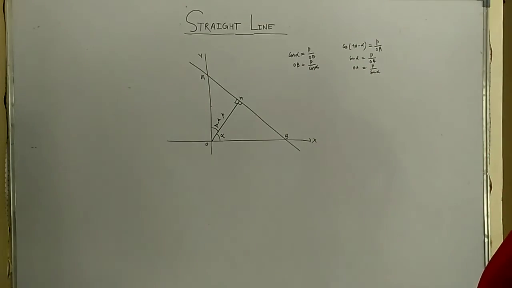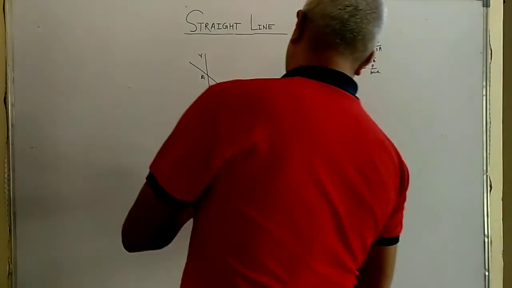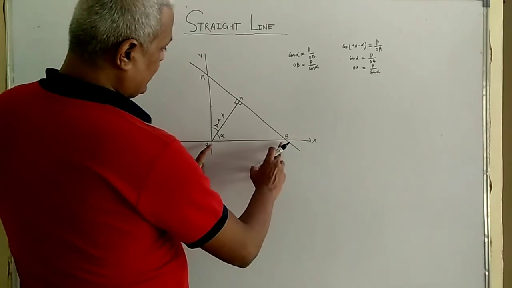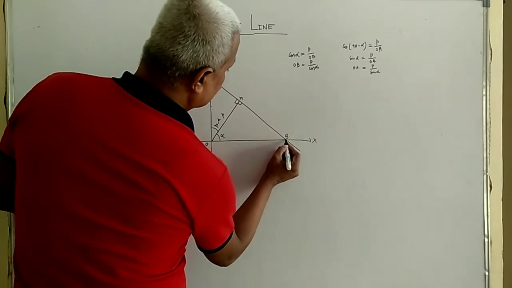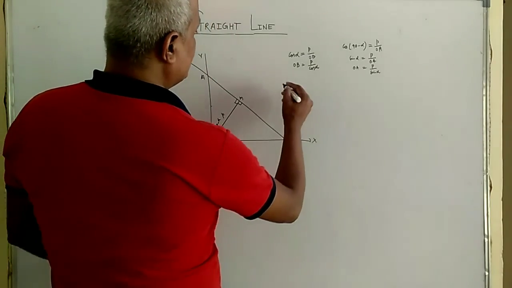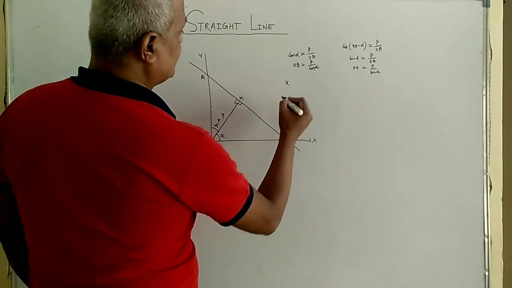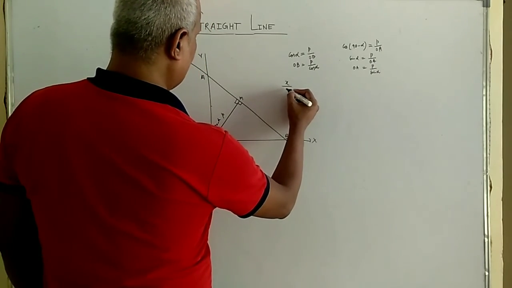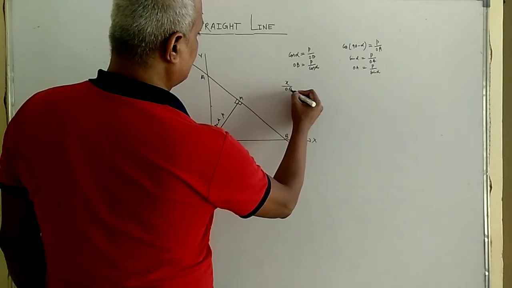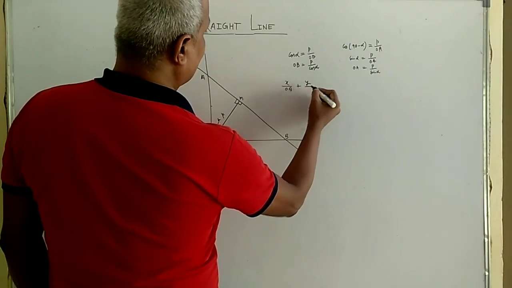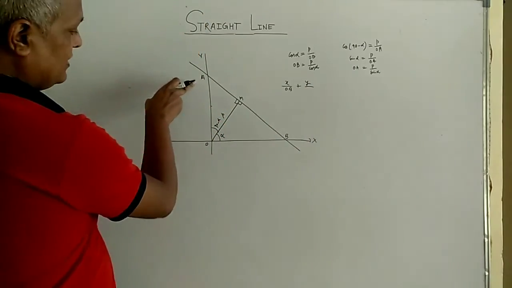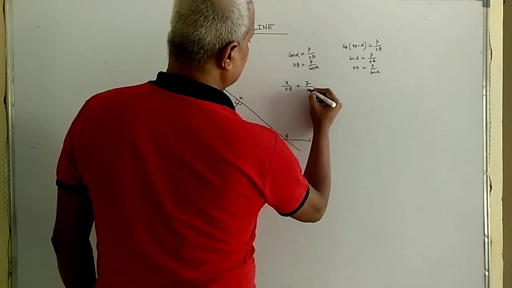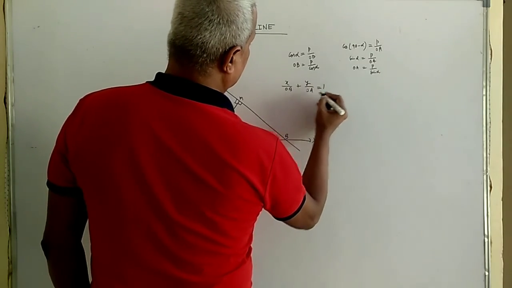Now, in the intercept form you used to write x over the length of OB plus y over the length of OA is 1.